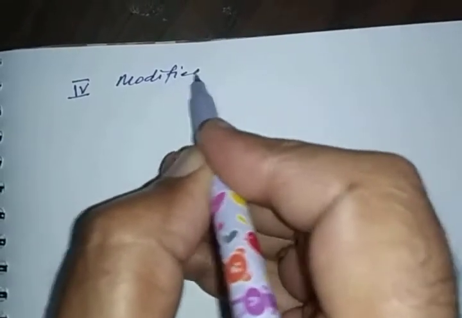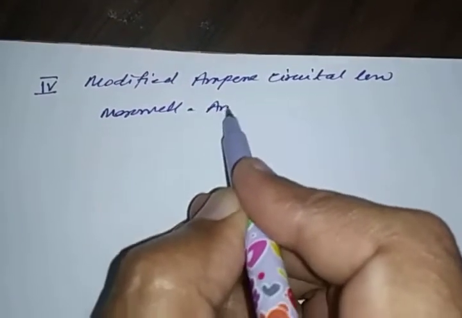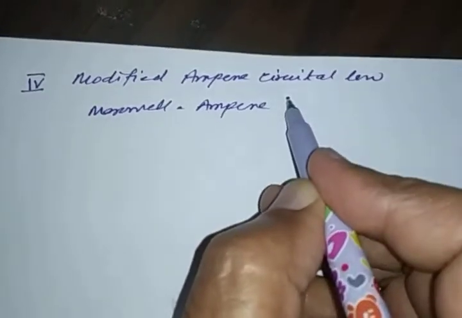The fourth Maxwell equation is basically the modified Ampere circuital law, or we can say Maxwell Ampere circuital law.